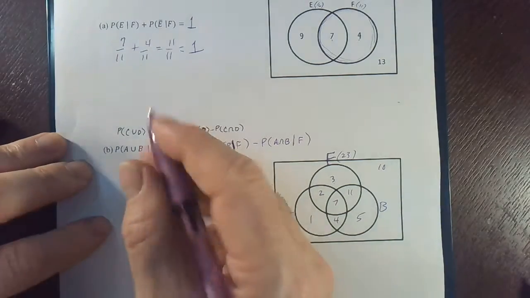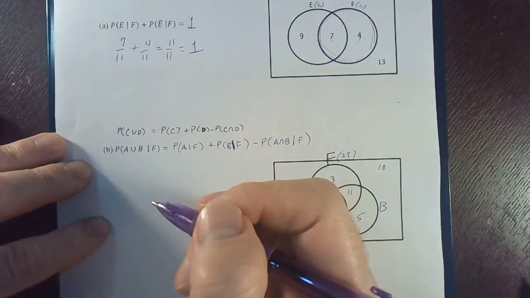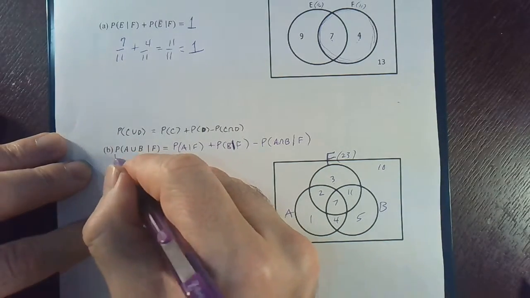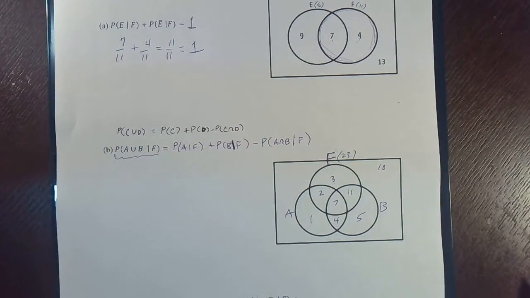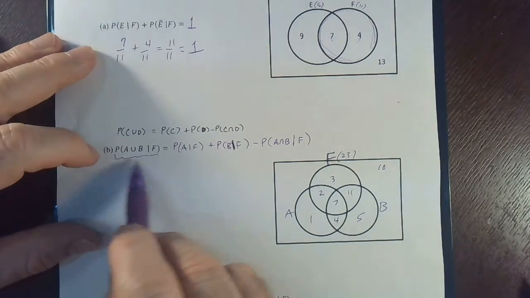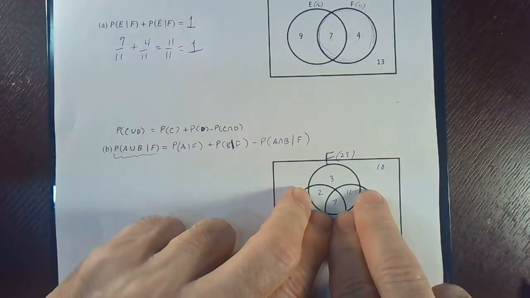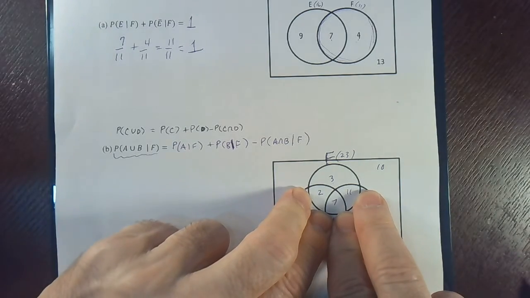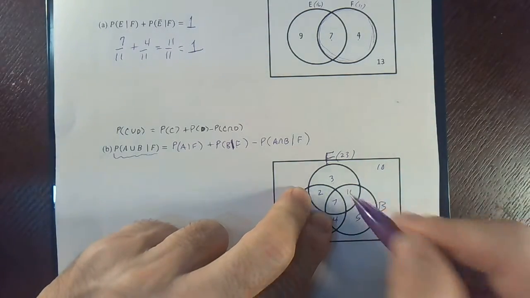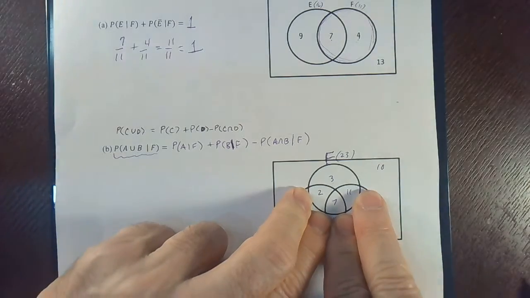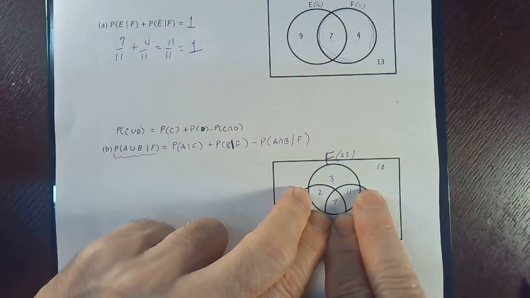All right, so the probability of A union B given F occurred. Let's figure out what this probability is. F occurred means we're in that circle right there. Of the 4 regions that have numbers in them, which 3 regions are in A union B? The bottom 3.